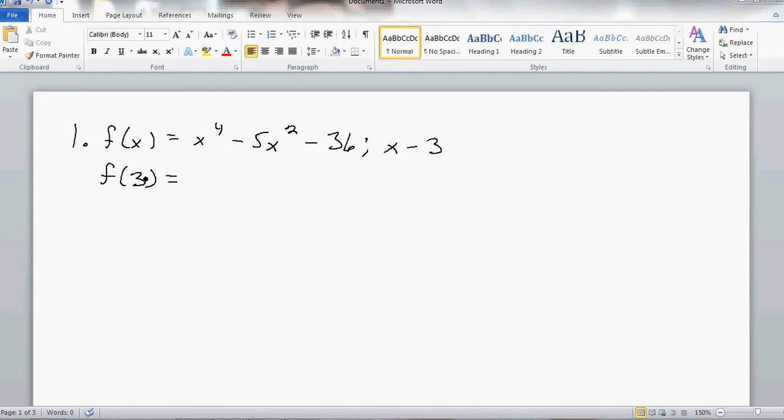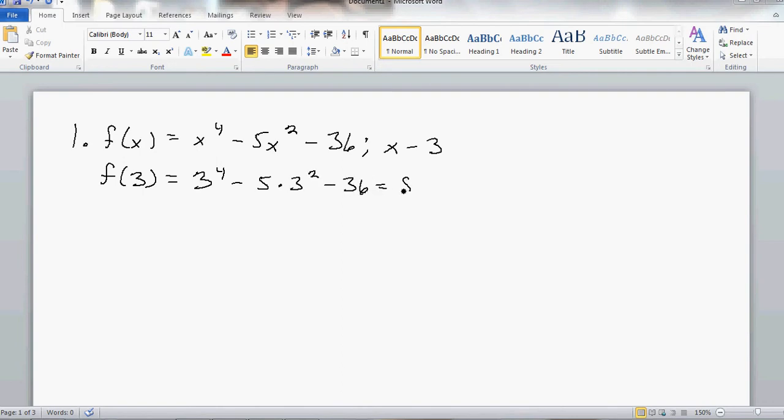But realize that our goal is to get an answer of 0. And if it is, we'll go one way. If it's not, we go a different way. So let's plug in 3. 3 to the fourth minus 5 times 3 squared minus 36.